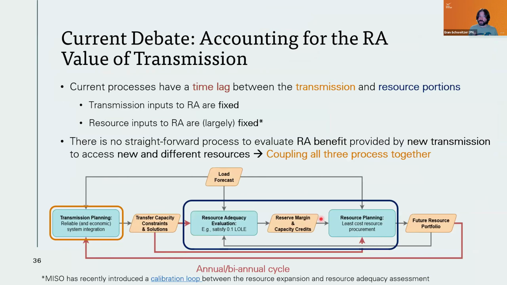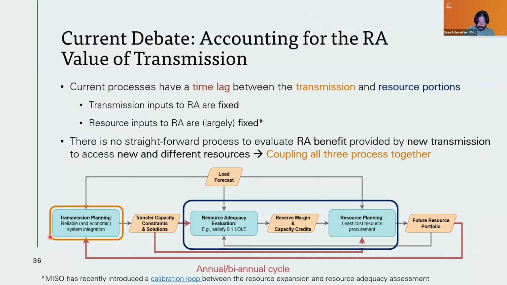And that brings us to one current topic of debate that I wanted to make sure you're at least aware of, which is how to account for the RA value of transmission. So there's currently a time lag between transmission and resource portions of the planning.